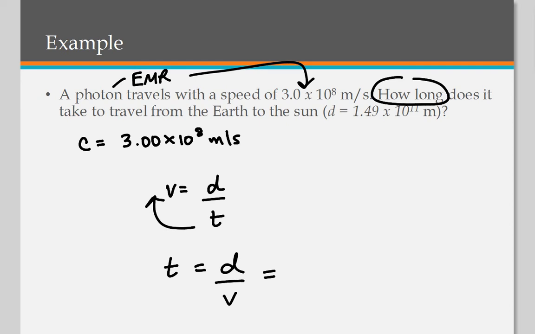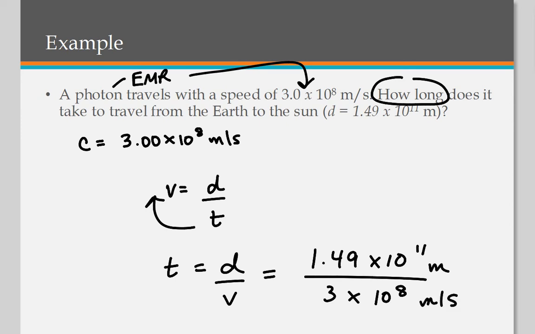The distance they're giving us is 1.49 times 10 to the 11, and this is 3 times 10 to the 8. The units, you can see here, the meters will cancel, and then the divide second will come up to the top. And of course, if you recall, you need to use second comma, the enter exponent, on your calculator to finish this off.